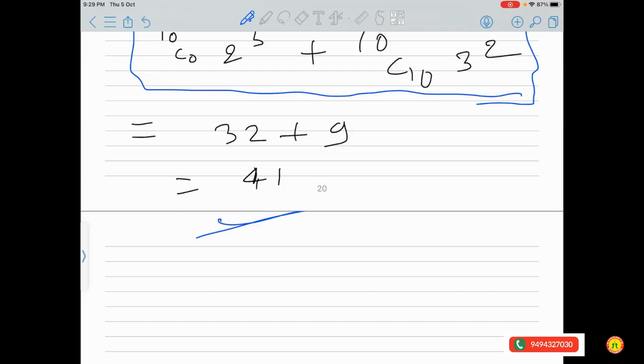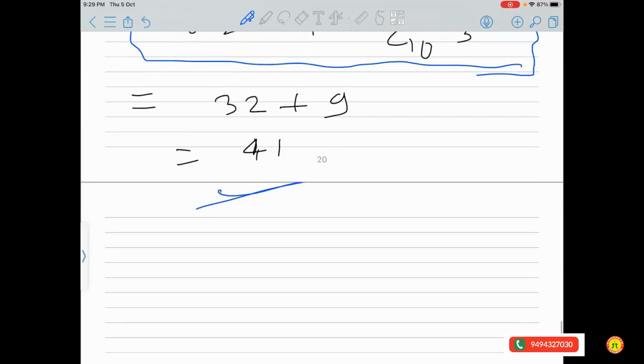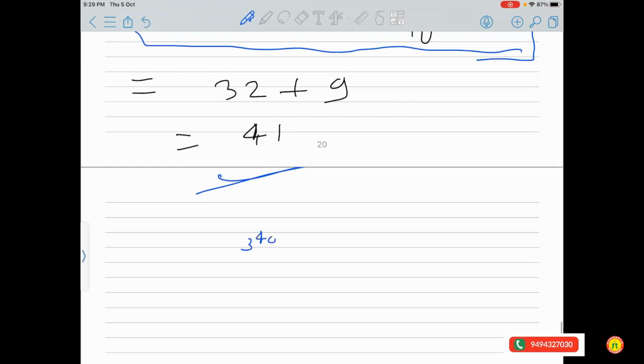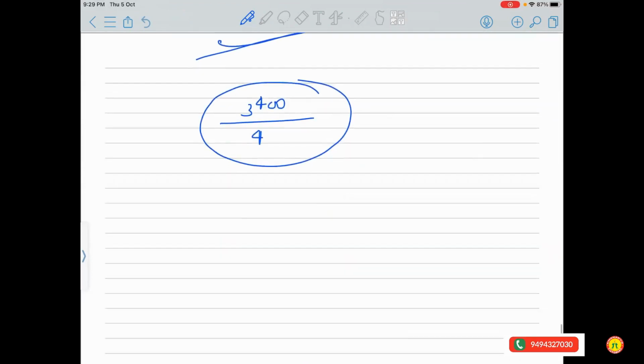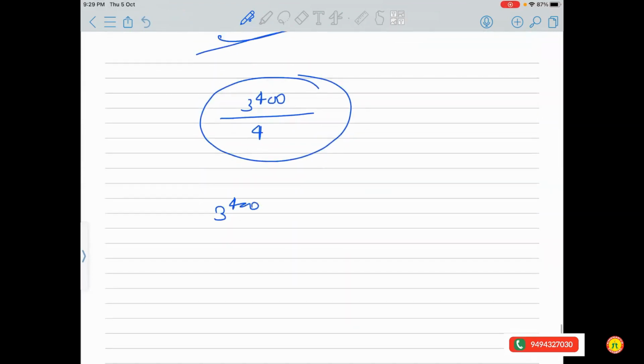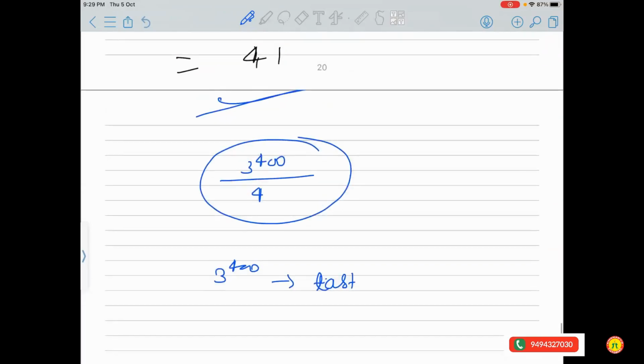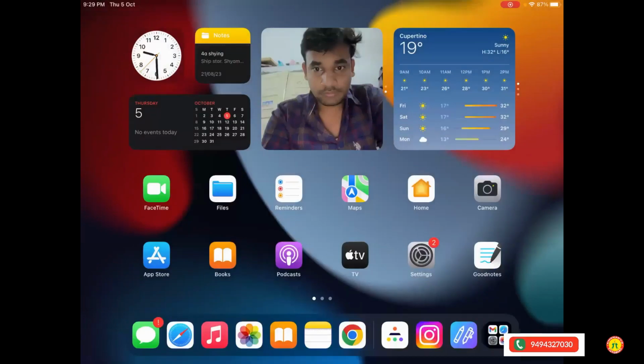If anyone asks for the last 2 digits or last 3 digits, what will they be? And what will be the remainder if you divide 3 power 400 by 4? And if we ask the last 2 digits of 3 power 400, what will it be? I will discuss these things in the upcoming class.